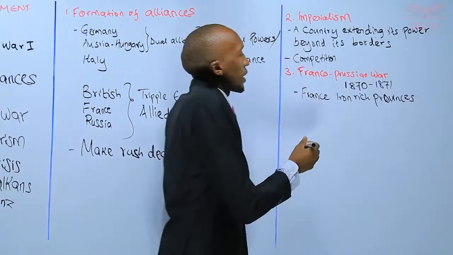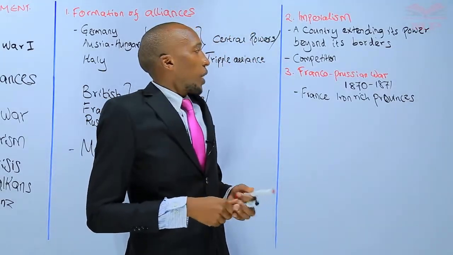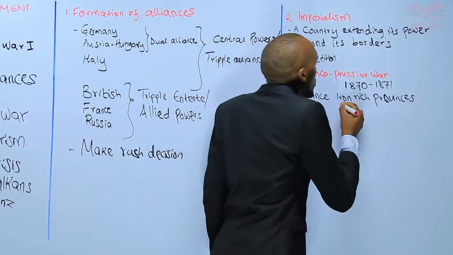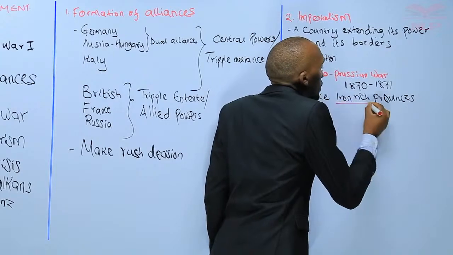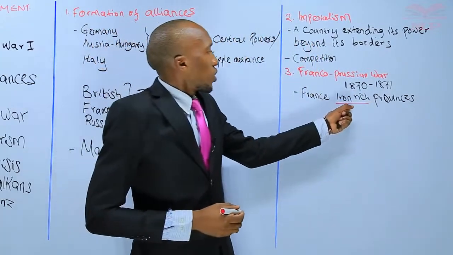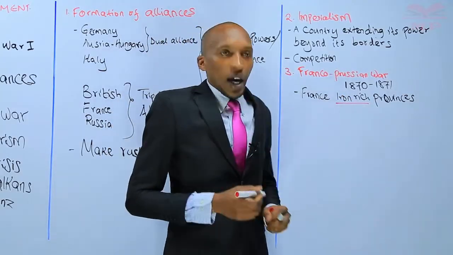France lost the iron-rich provinces. Why do you think it was a big deal for France to lose a province which is rich in iron? They lost a province that was very rich in iron.